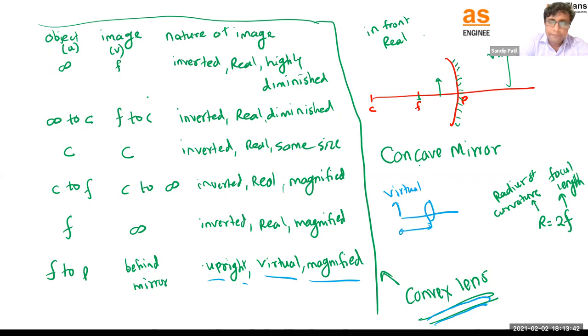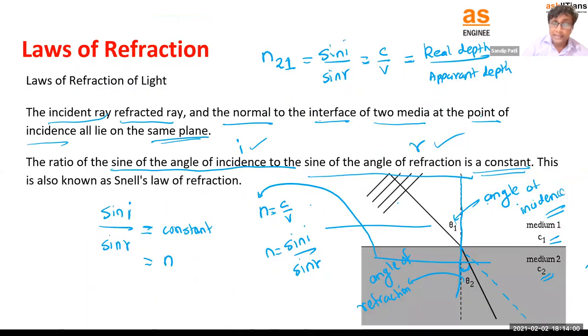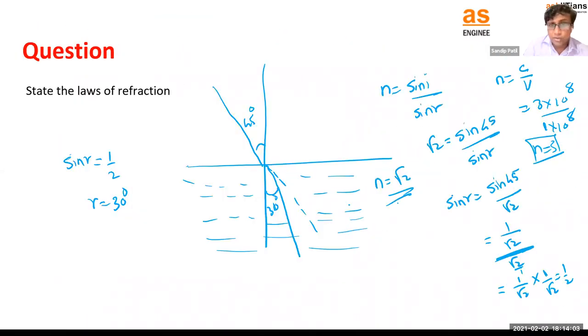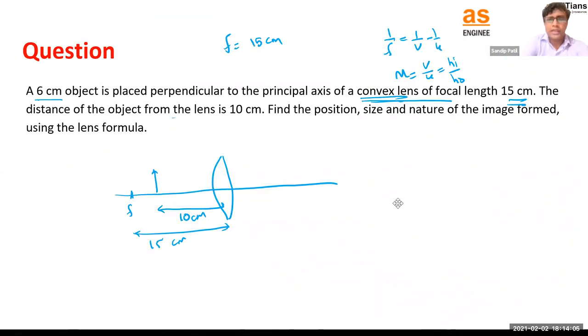Upright means it should be upward, and magnified, it will be magnified. Also remember all those things. Once we already know this whole table, almost we get the answer. Nature of the image: upright, virtual, and magnified. Okay, let's find it out. It should be on the left side also, we know that part. So now what I can write, f is 15 centimeter.